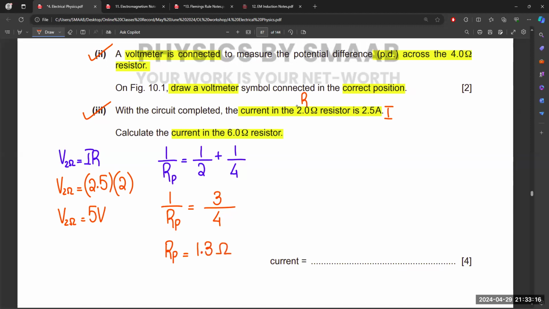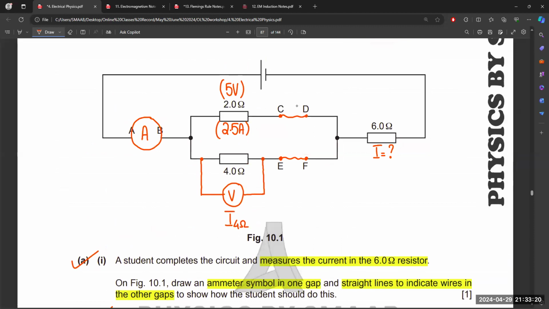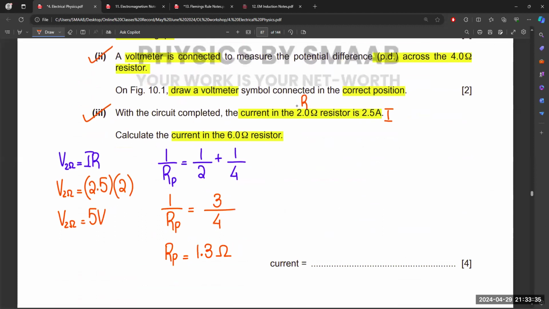So the combined resistance of these two resistors, that is 2 ohms and 4 ohms, is equal to 1.3. So this is the total resistance of these two in combination.